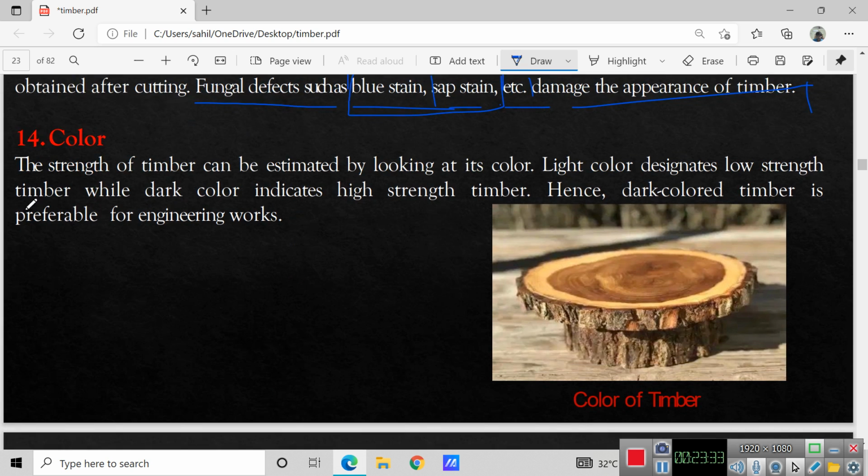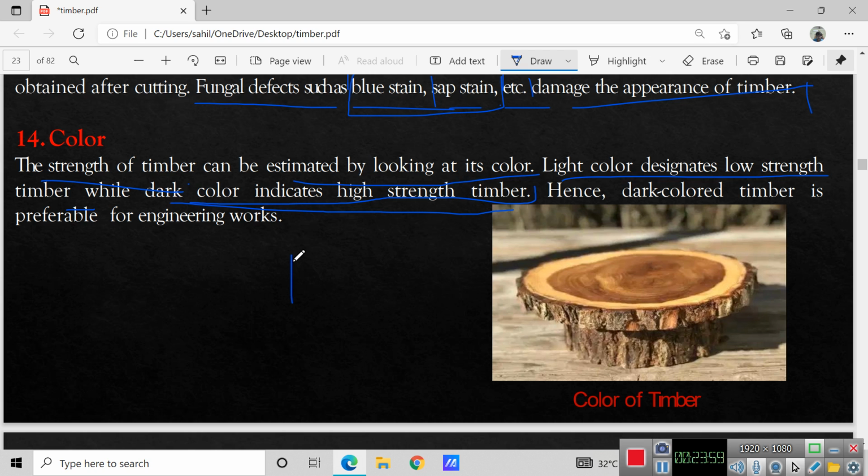14 is the color. The strength of timber can be estimated by looking at its color. Light color designates low strength timber, while dark color indicates high strength timber. This is a very easy method to identify good quality timber, that is to look at the color. If it is light in color, it designates low strength, and if it is dark in color, it indicates high strength.